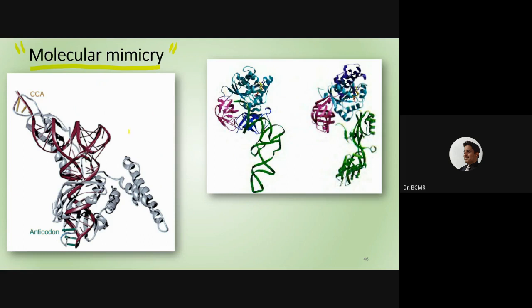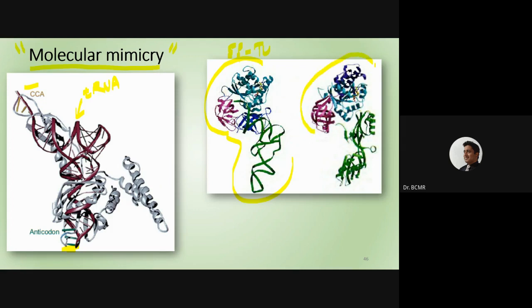What we are seeing here, the color magenta, or say dark red, is the tRNA. This is the CCA sequence, and here you have the anticodon loop. So if you see the same tRNA, this is the tRNA in the green ribbons, and this part of it is EF-Tu, elongation factor Tu.